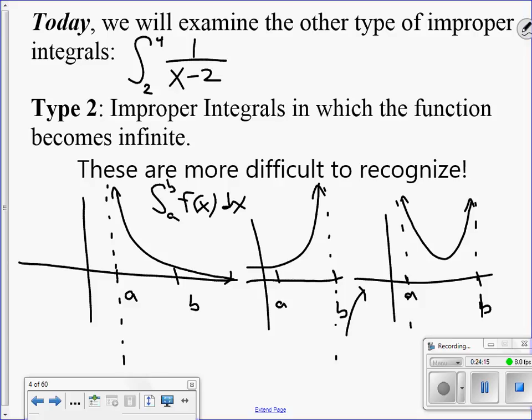What else could be the limits of integration where it would still be improper? Let's keep it 1 over x minus 2. We know it has a vertical asymptote. For this type, if I had from 2 to 4, or like negative 6 to 2 or 0 to 2, I like both, right?